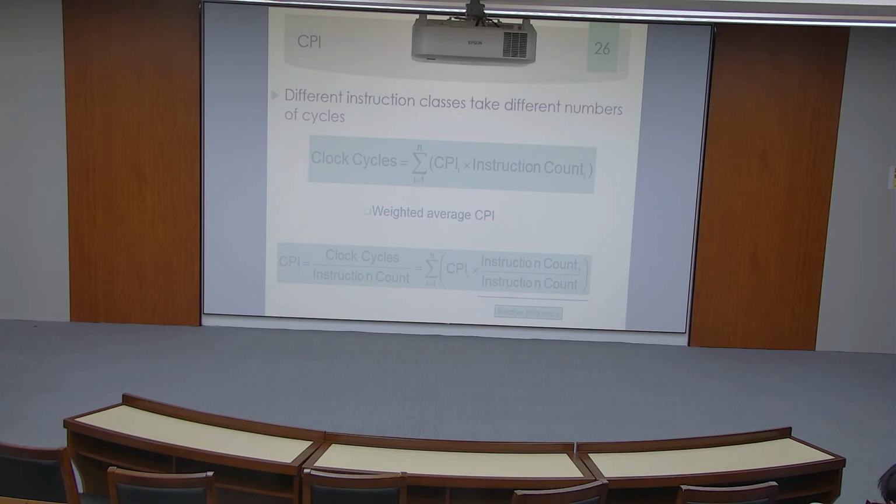So we also have the summation from i equals 1 to n, where n is the number of different instruction classes that we have. We have different classes of instructions.